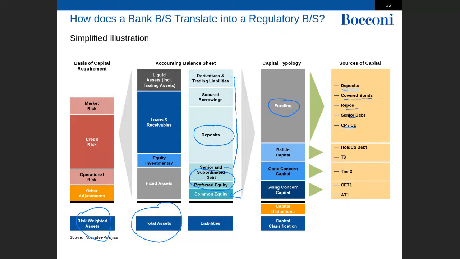And then you have instruments that are there for bail-in and for the capital when it is a going concern, the core tier 1 and the hybrid instruments. In other words, they divided the structure of the liabilities ideally in a way that there are instruments there to support the bank in case of crisis.